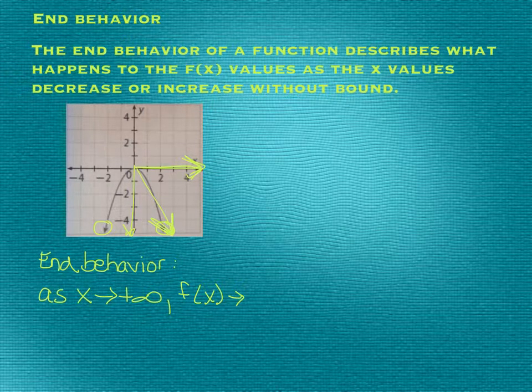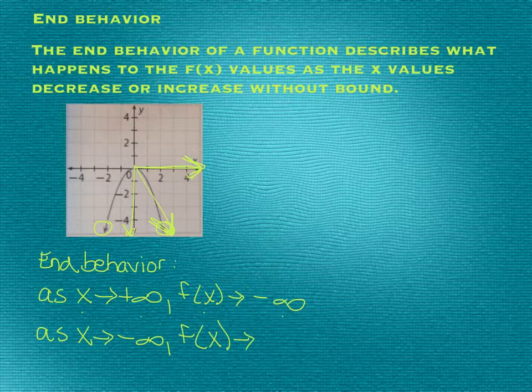So f of x approaches negative infinity. As x goes to the right, y goes down, is essentially what that's saying, but you have to write it like this. Then you also have to give me the left end. As x approaches negative infinity, the y values of the function approach. And so now as x is going this way, it's also going down. See, it's going left and down too. So f of x approaches negative infinity.